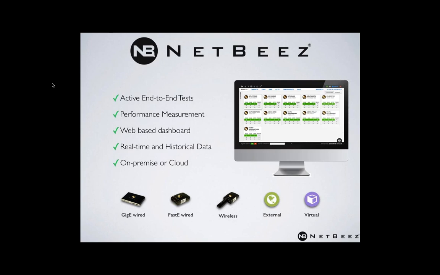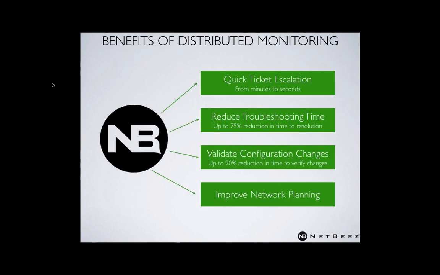And this is what NetBees is about. NetBees is a distributed network monitoring solution. We have different types of agents for different network environments, as networks are more and more going from legacy to hybrid, on-prem or in the cloud. And we have gigabit Ethernet or fast Ethernet hardware agents for small offices.